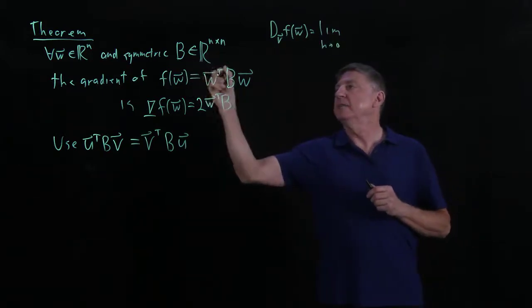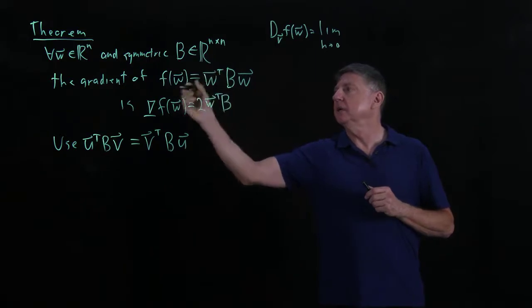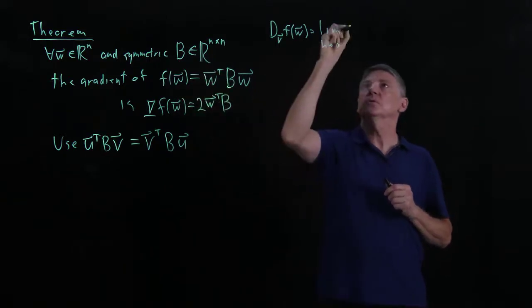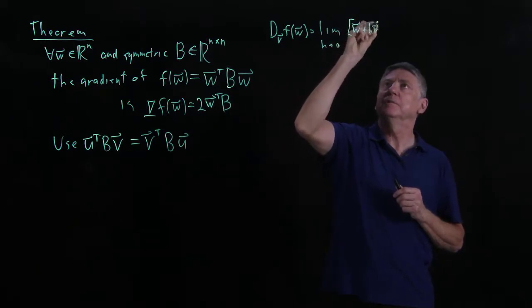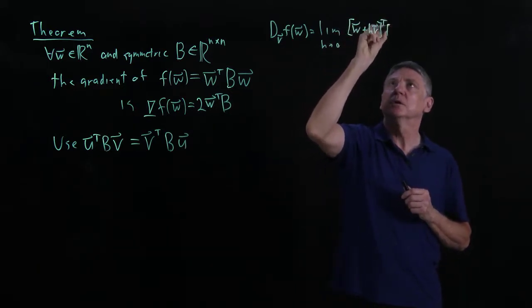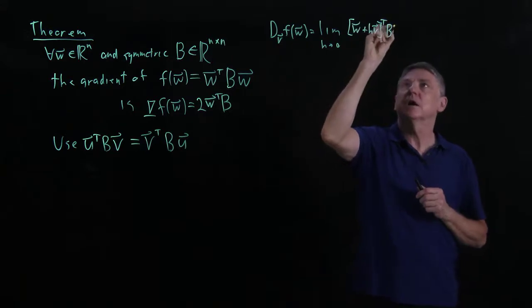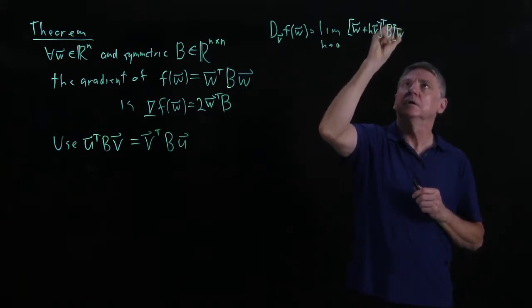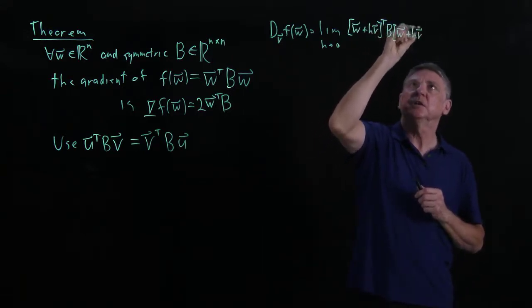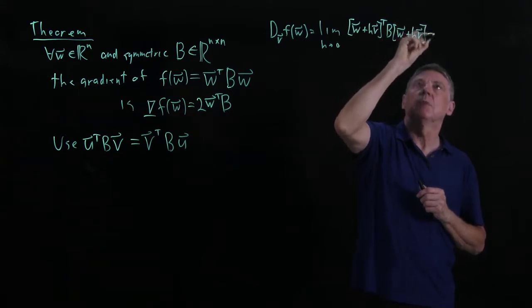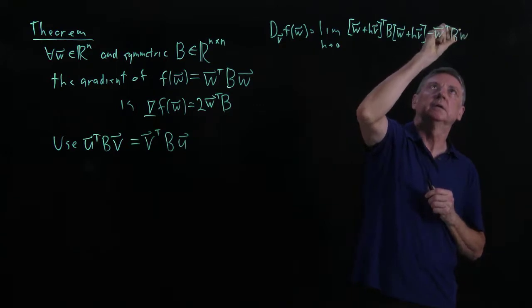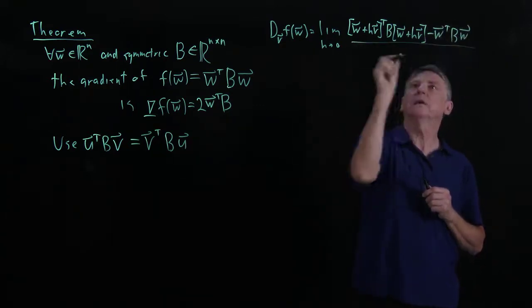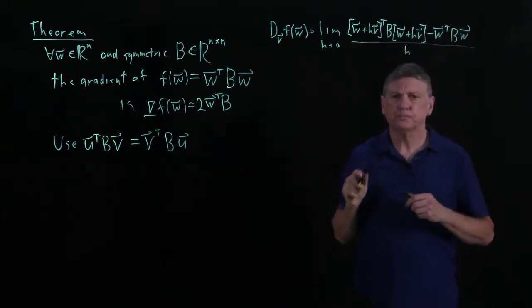So we have w plus hv quantity transpose times b times w plus h times v, minus w transpose b w, all divided by h.